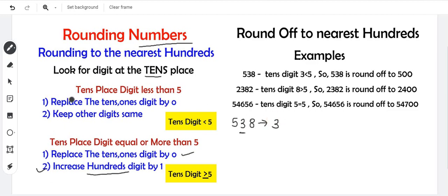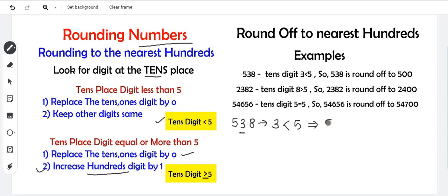First we will compare this digit with the two conditions. 3 is smaller than 5. Is that clear? So it holds the first condition, in which the tens digit is smaller than 5. We apply the first rule: replace the tens and ones digits by 0.